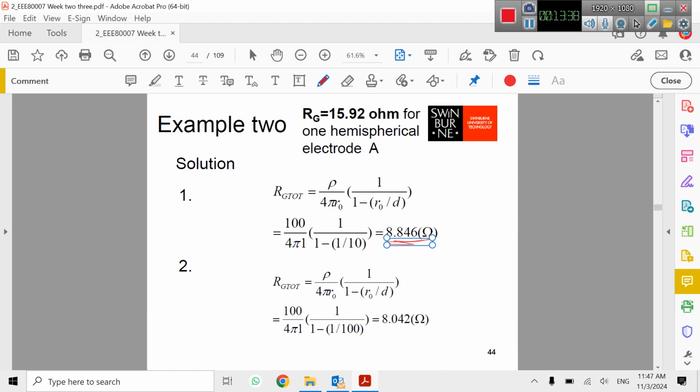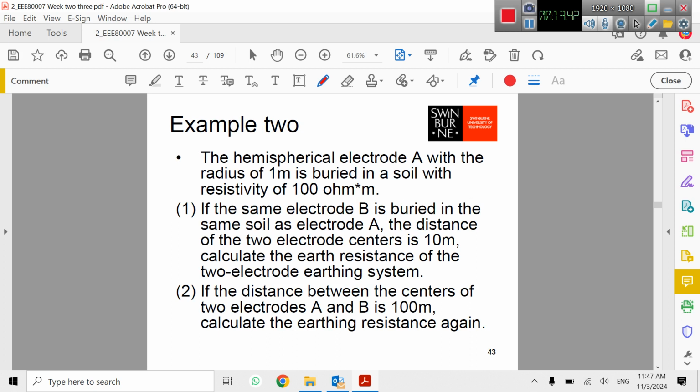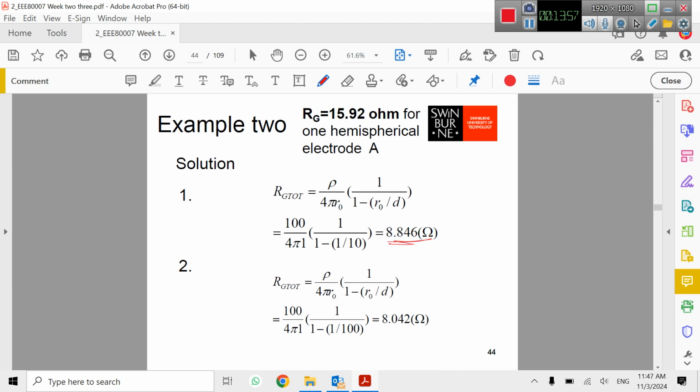the total resistance. In part B, it mentions if the distance between A and B is increased to 100 meters, we're expecting that RG total is reduced significantly, because 100 meters compared with 10 meters is 10 times the increase. But here, if you replace D, previously 10, now 100, you can see 8.8 just reduces to 8.0.